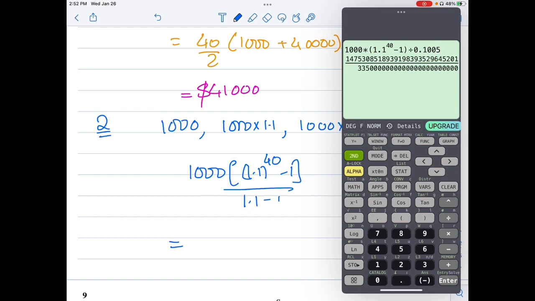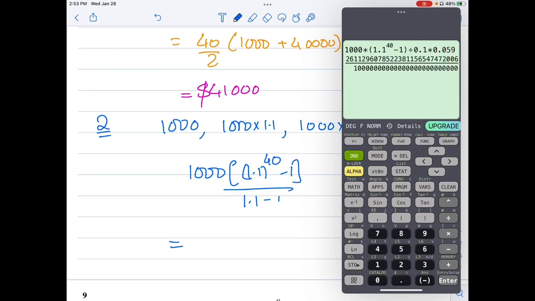So I go back, rather I clear it off and type 1000 times 1.1 to the power of 40 minus 1 and divided by 0.1, then times 5%, 0.05.